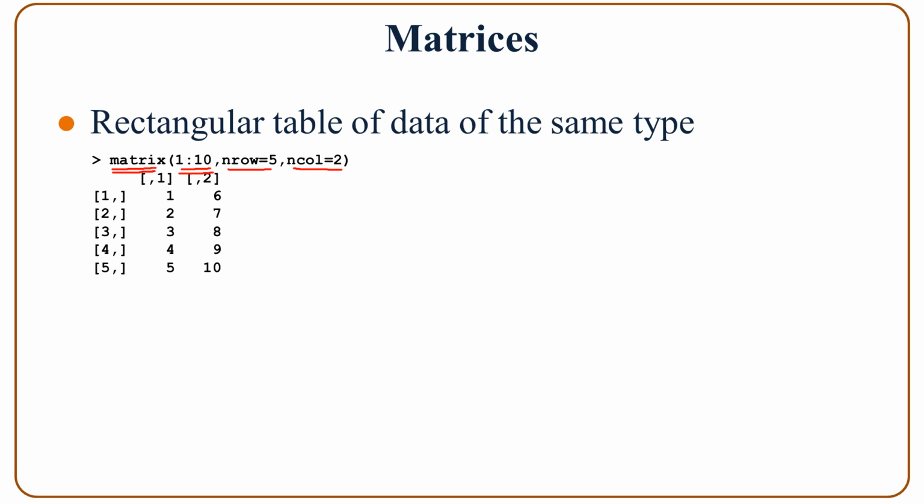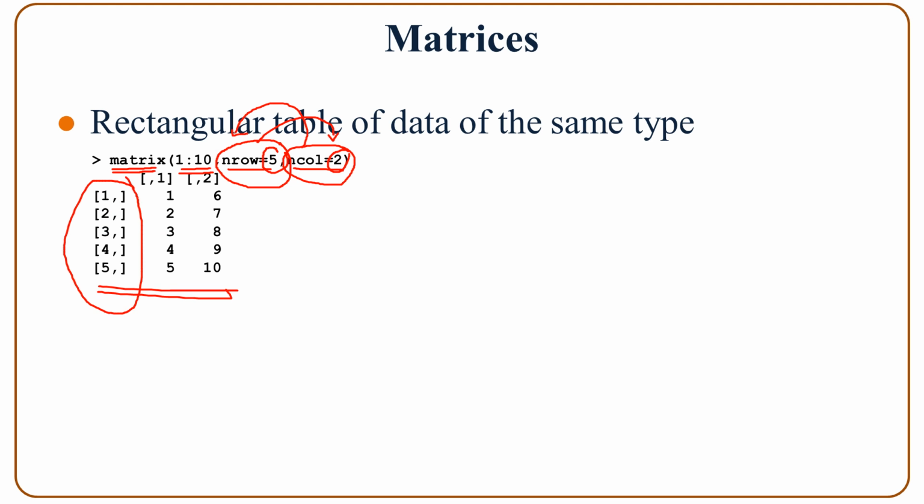And if you want to explicitly tell which parameter goes with which value, you say nrow equals 5 and ncol equals 2. And if you say this explicitly, then you can switch the order. It doesn't matter. And this is the result. And you can see there are 5 rows and 2 columns.